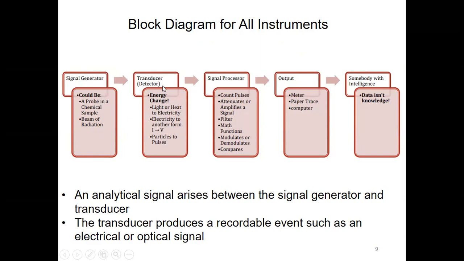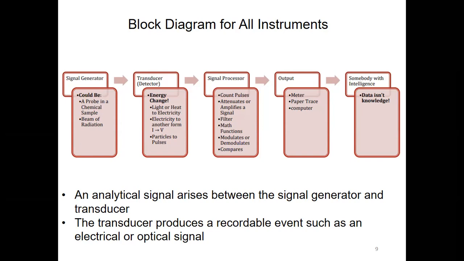What a transducer does is change the energy from one form to another. For example, current to voltage, light to electricity, light or heat to electricity, particles to pulses. Like this, it does the energy change. We will discuss this in detail with all the transducers.